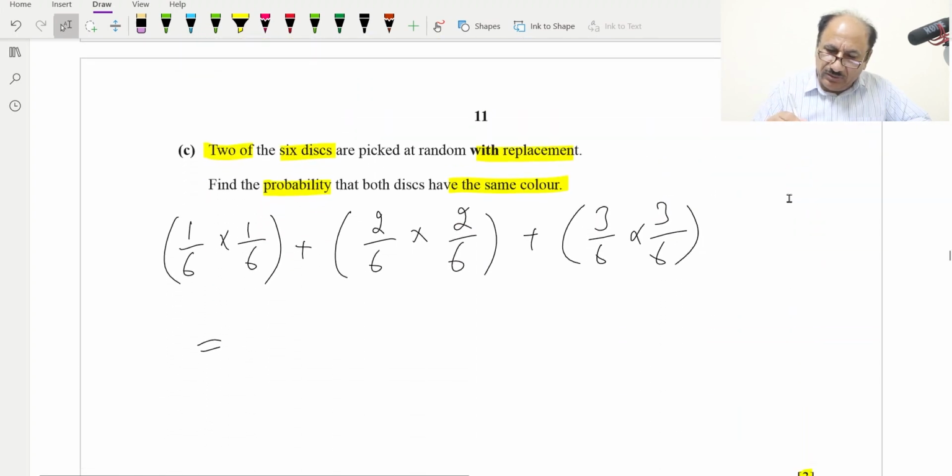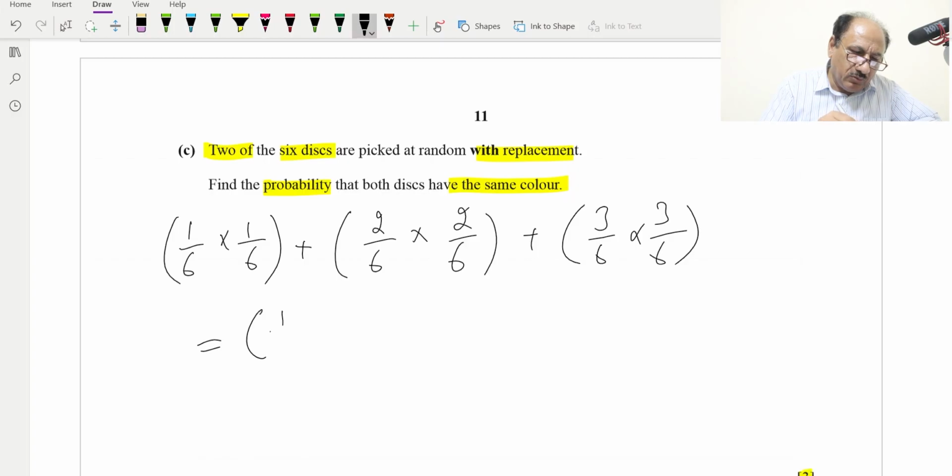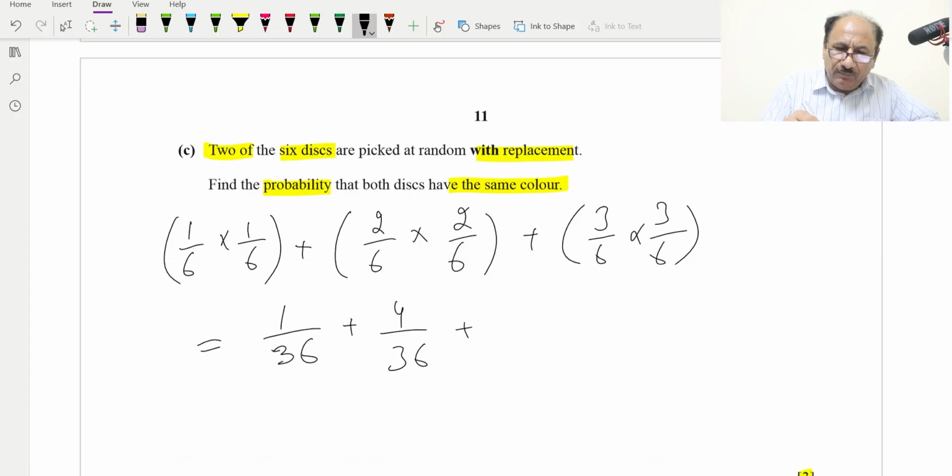And then next is just simplification. First, 1 over 6 into 6 will be 36, and we can remove brackets and write 1 over 36, plus this will be 4 over 36, and plus this will be 9 over 36.